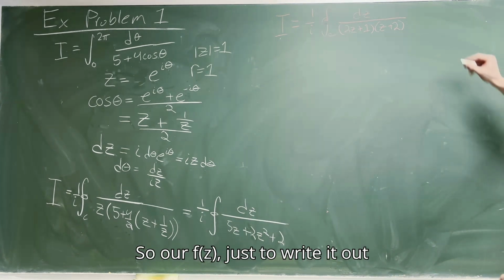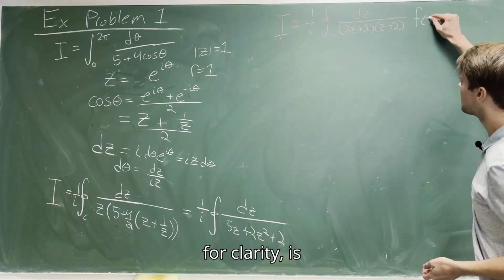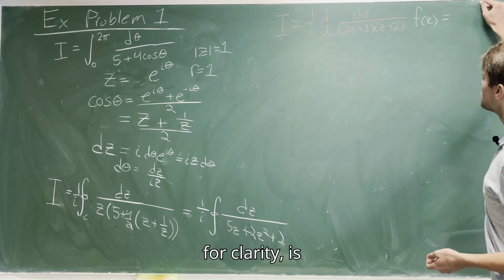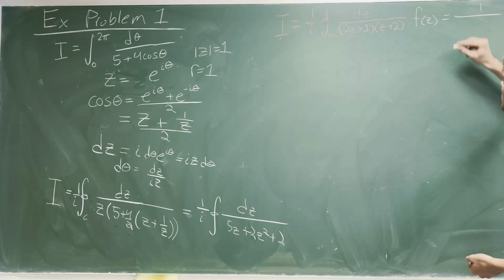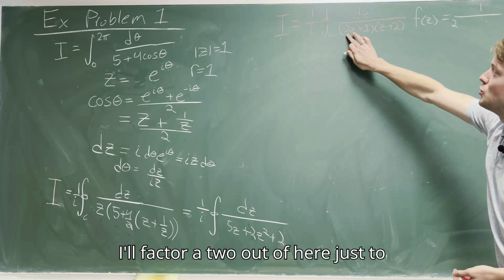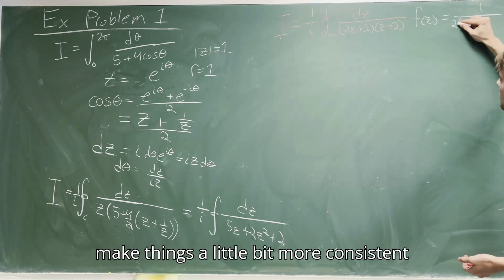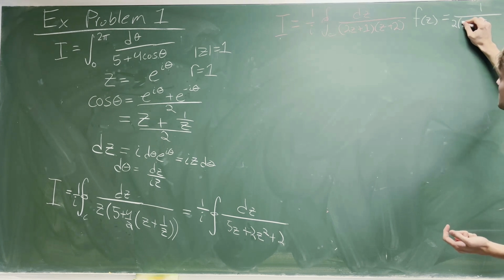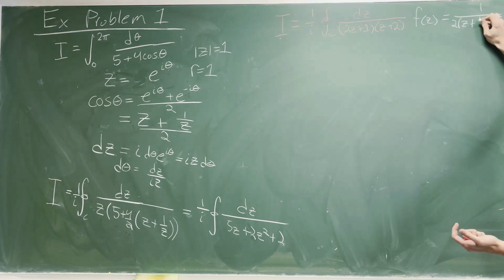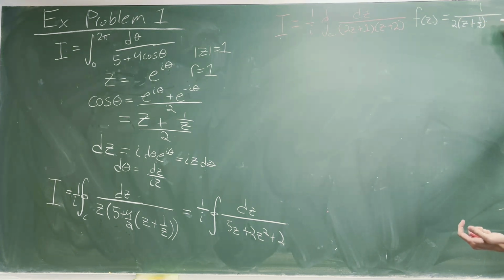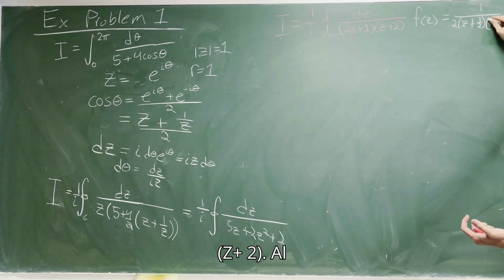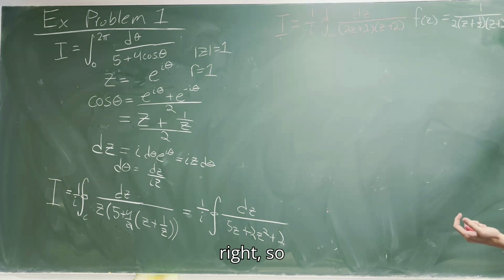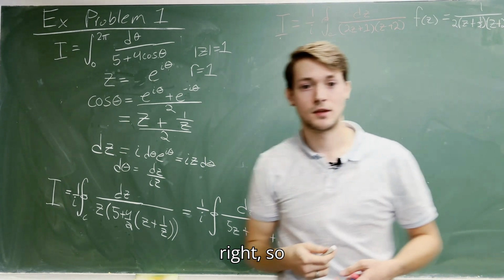So our f of z, just to write it out for clarity, is 1 over, I'll factor a 2 out of here just to make things a little bit more consistent with the form that we've seen before, (z plus 1/2) times (z plus 2). All right.